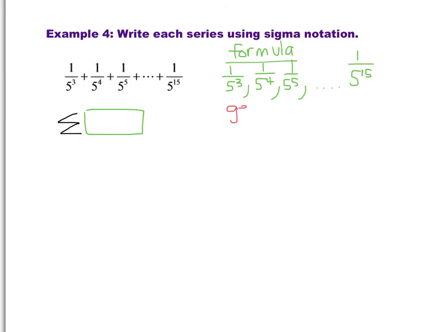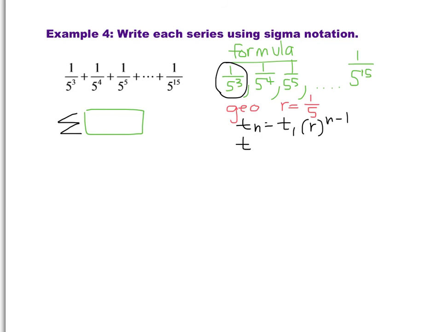So I ask myself, is this arithmetic, geometric, or neither? In this case, I can tell it's geometric because in each term, I'm just multiplying by 1/5 more, so r equals 1/5. So then coming up with that formula, we know it's Tn equals T1 r to the n minus 1, and we'll plug in that T1, which is 1 over 5 to the 3rd, and the r that we know.